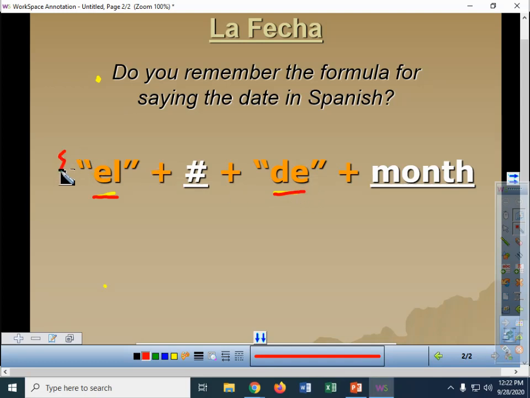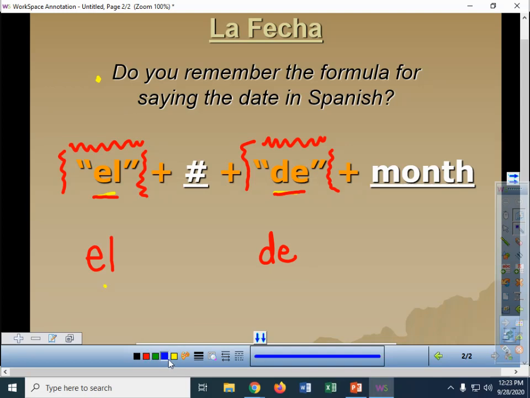This here doesn't change. It stays. This is my formula. Okay? So I am going to write Benjamin's birthday. So Benjamin was born on April 17th.